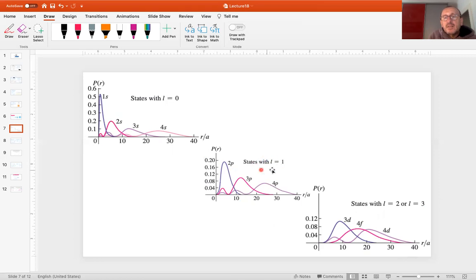These states here are L equal 1 states. You get the 2p, 3p. So all these layers, the second, third, and fourth, can have states with L equal to 1, because for all of these, L is equal to or less than n minus 1.